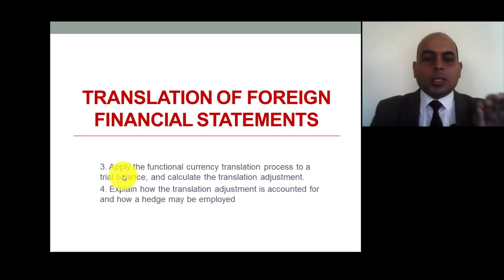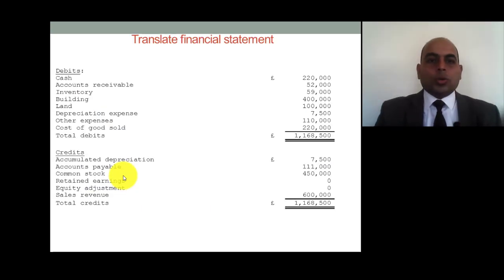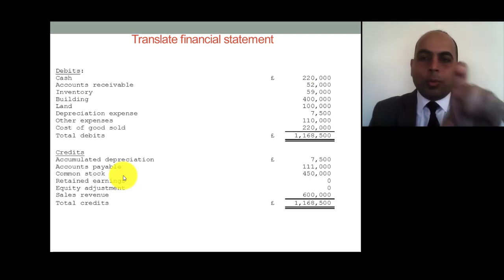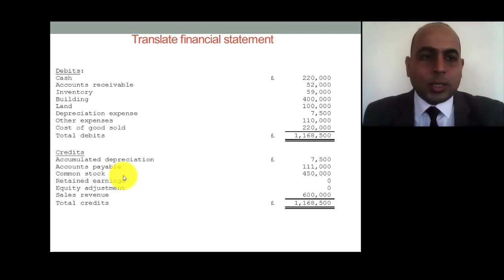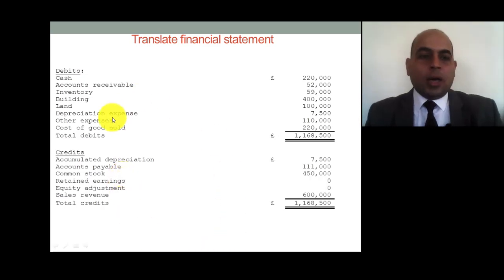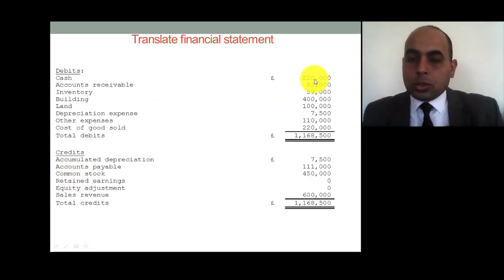Okay, now let us see the point that we are going to discuss, how we translate. This is our problem or issue that we are going to discuss in the coming video. As we have a trial balance, here we have debit accounts and here we have credit accounts. We disclose this trial balance in British pound.